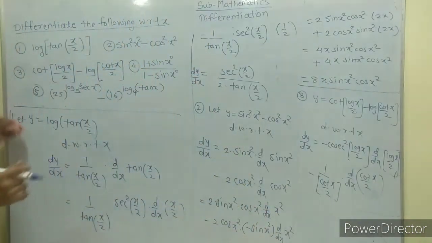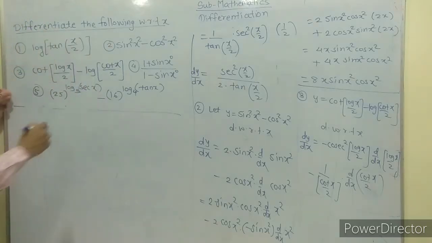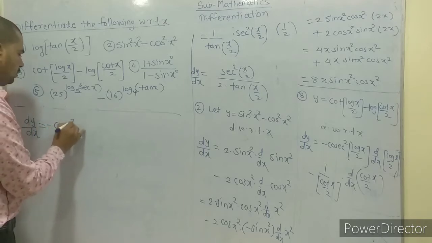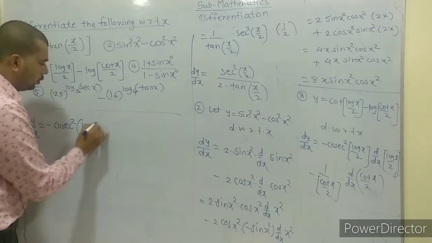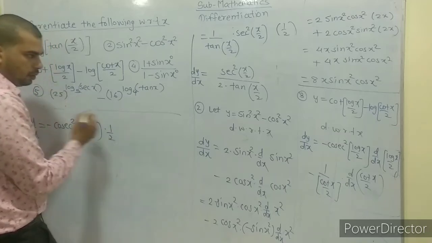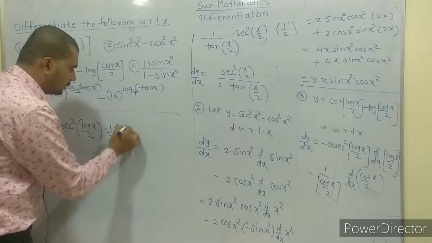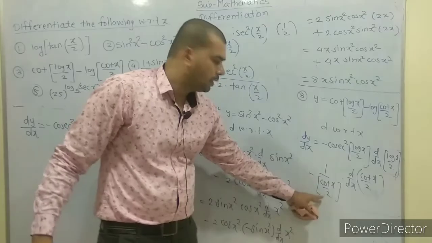So what do we get? dy by dx equal to minus cosec square log x upon 2 into 1 by 2, I am taking common outside, and dy by dx of log x is 1 upon x, minus this 1 upon cot x by 2.